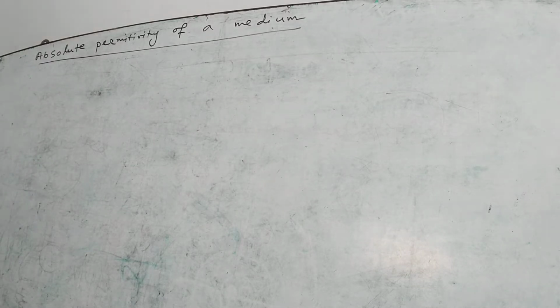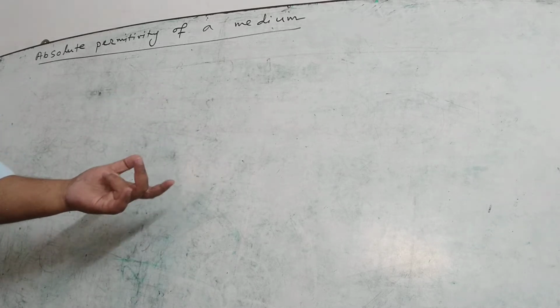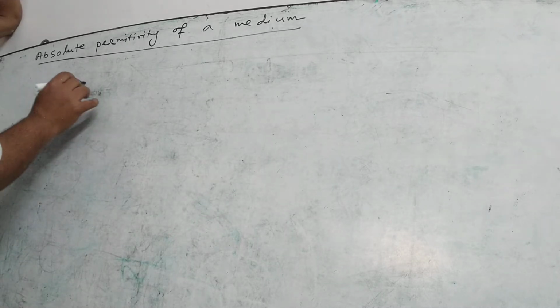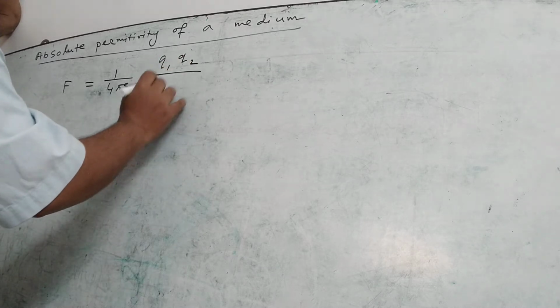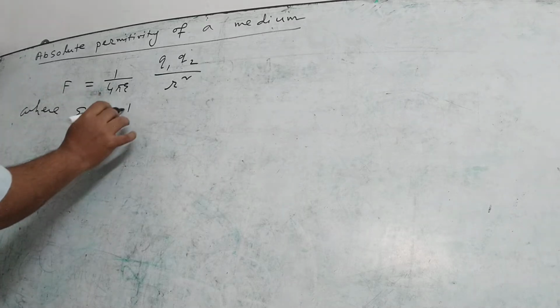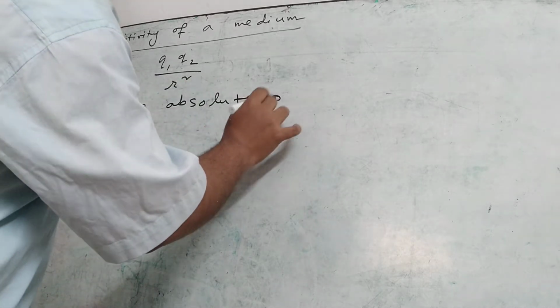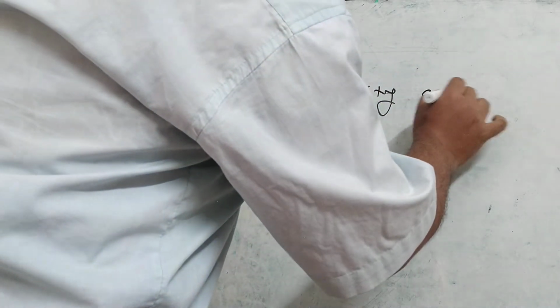If we place the two charges in any medium other than air or vacuum, then Coulomb's law can be written in the form F is equal to 1 by 4 pi epsilon Q1 Q2 by r square, where epsilon is the absolute permittivity of that medium.